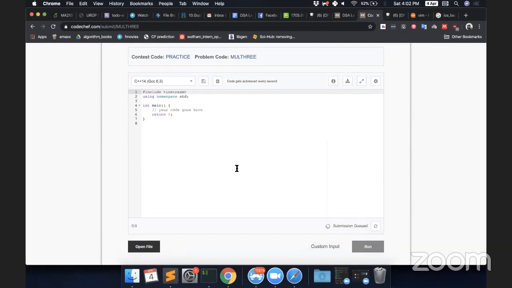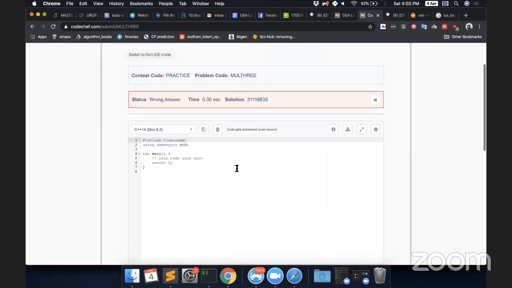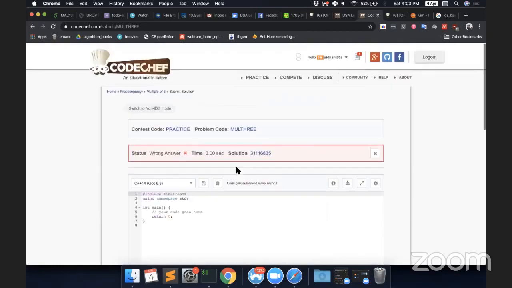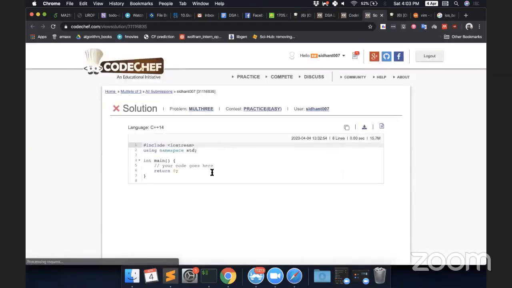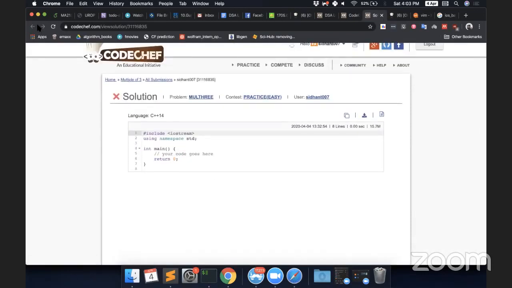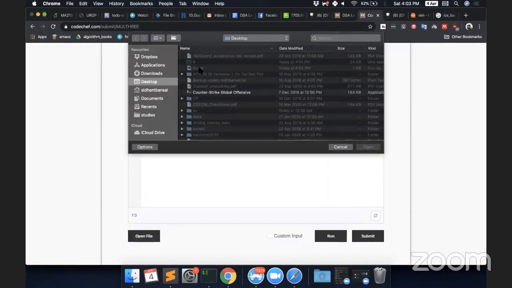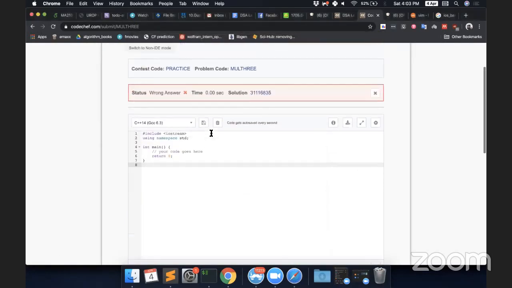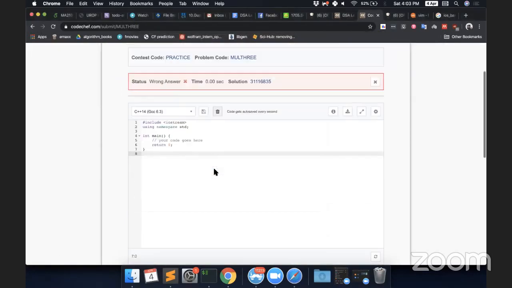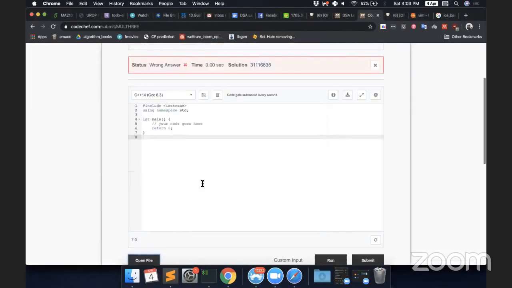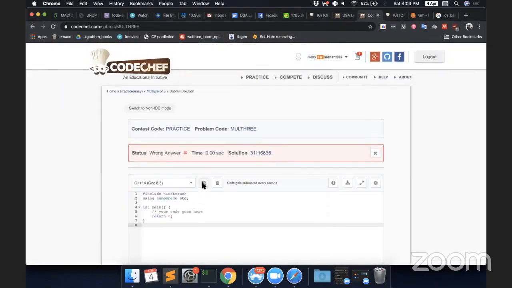I haven't actually used CodeChef. Okay, this is embarrassing. I haven't used CodeChef in a very long time, so I don't know really how this works. I thought I attached the file. Does someone know why isn't the attached working?